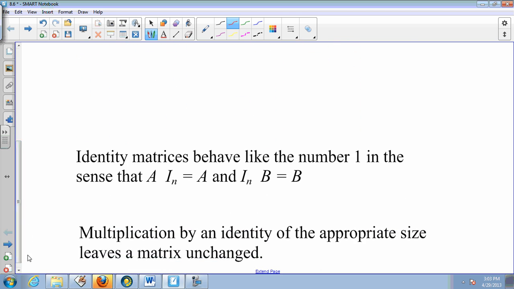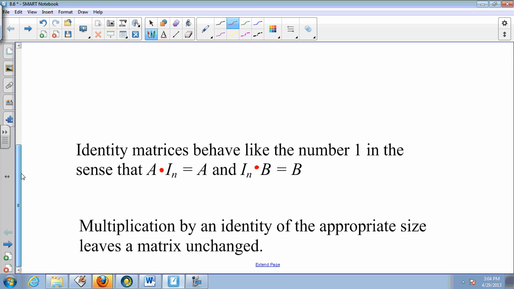So identity matrices behave like the number 1 in the sense that when you multiply a given matrix A by I, you get out A, or I times B, you get out B. Multiplication by an identity of an appropriate size leaves a matrix unchanged, just like we said.